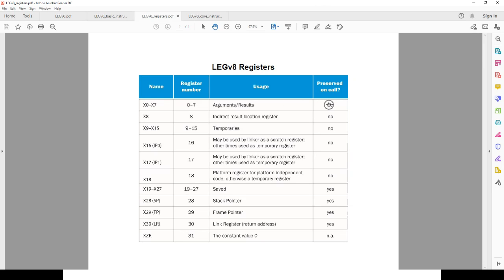If here we have a no, it means that the content of those registers could be overwritten in a procedure. But if I have a yes, the values are preserved, which means that if before calling a procedure I have something in register 19, after calling the procedure that value will be preserved and will be the same.